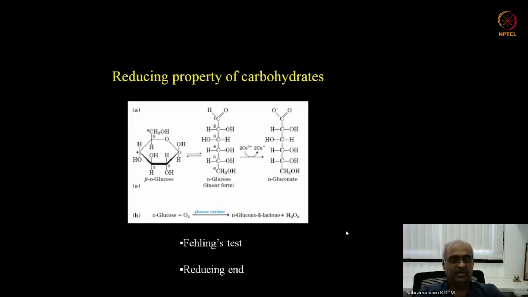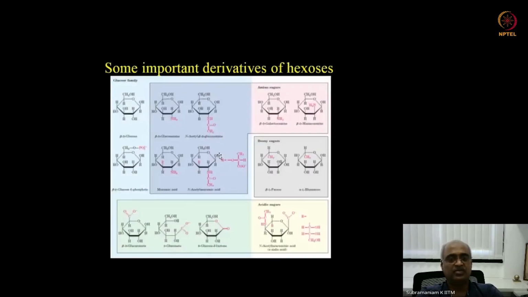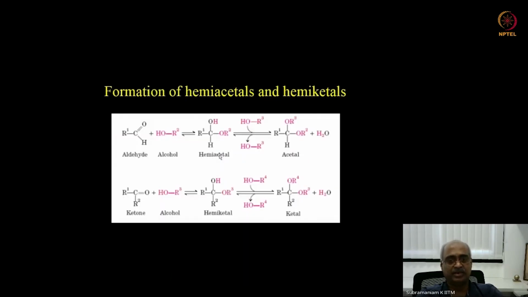A third important property of carbohydrates is their ability to reduce potential oxidants. For example, cupric ion can be converted into cuprous by this aldehyde group. Remember this hemiacetal is always in equilibrium with this unlinked form. So let me go back to highlight that point.